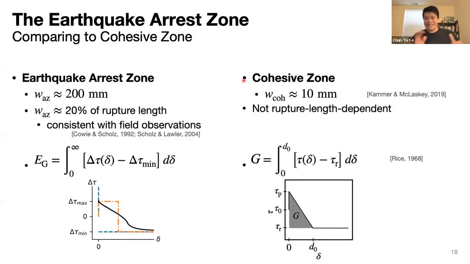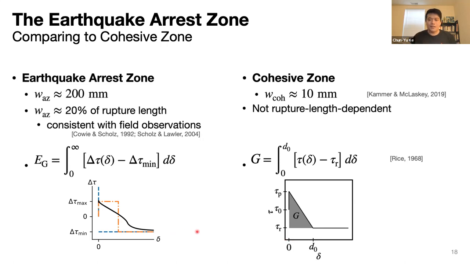Yeah, and finally, because this fracture energy is simply the shaded area in this absolute stress, tau versus delta, the slip relation, Cohen and Schultz 1992 directly plotted the stress change versus slip and defined the area under this curve, the earthquake fracture energy, EG, and assume it's properly representing the true fracture energy.